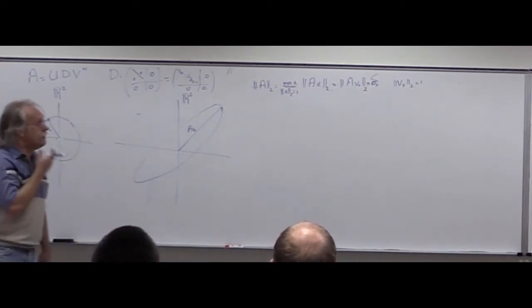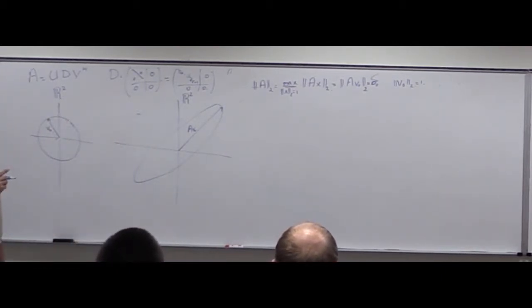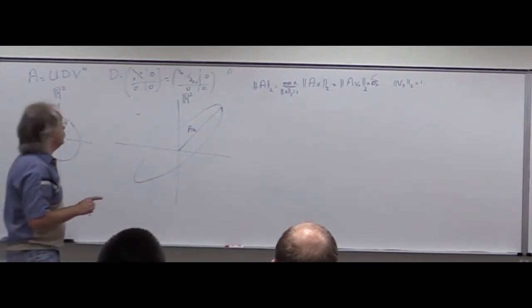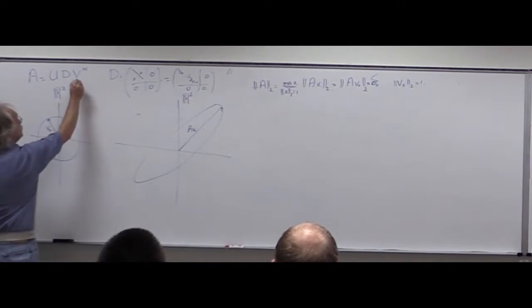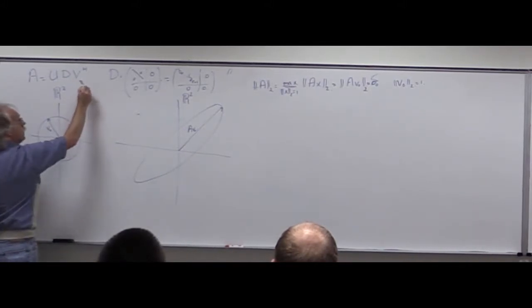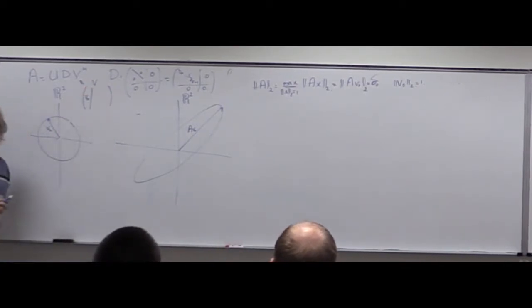Now, what we're going to do is we're going to say we want a V, and we're going to pick that V to have as its first column V0.